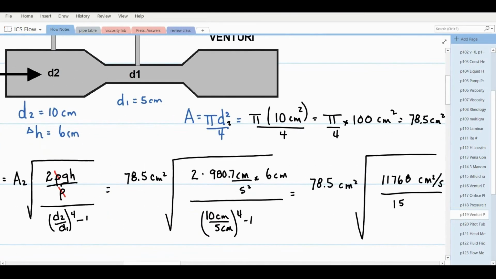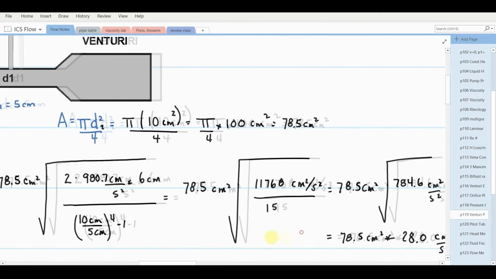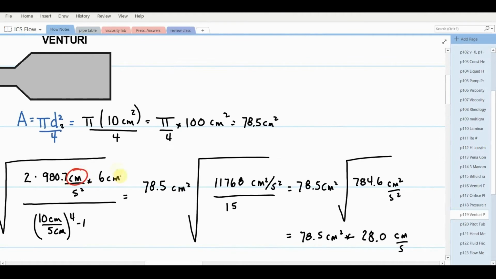Times, again, notice the densities are gone, so it's simply 2 times the gravitational constant, 980.7 centimeters per second squared in the CGS system, and 6 centimeters was the difference in height, divided by the ratio of the diameters to the 4th power. Again, this is 2 to the 4th power, 16 minus 1 will give us 15. This numerator term works out to be 11,768, which has units of centimeters squared per second squared.